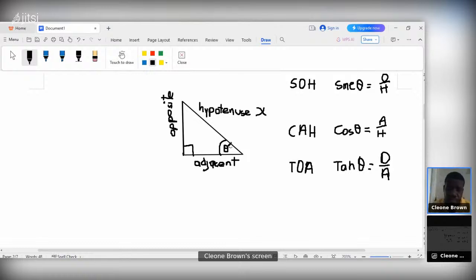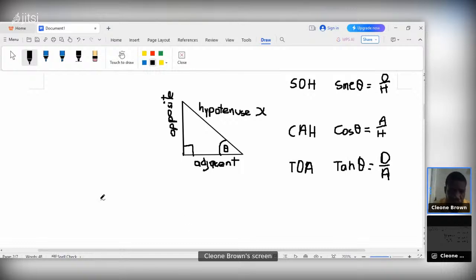This ratio would have all the elements that you need. So you have to know, first of all, what the names of the sides are, and then look at these three ratios to know which one you need to use.